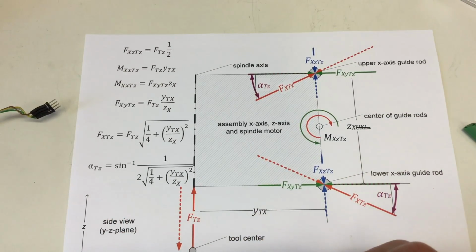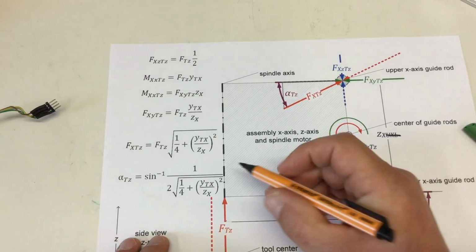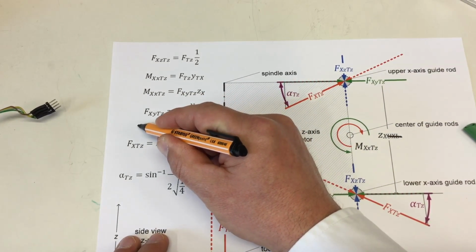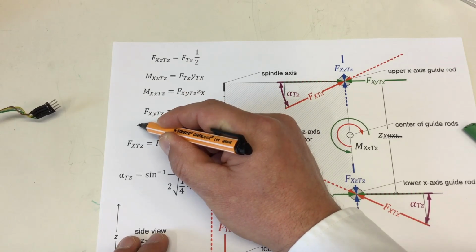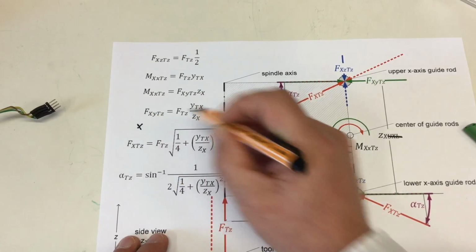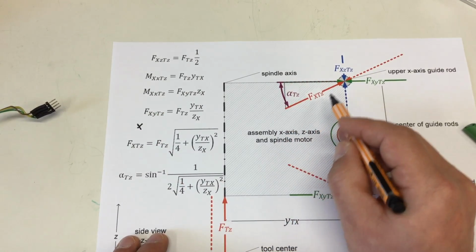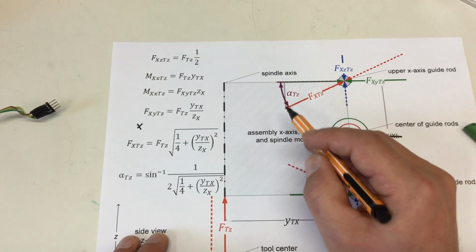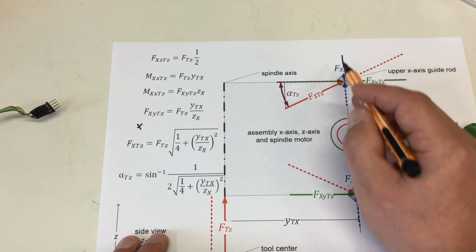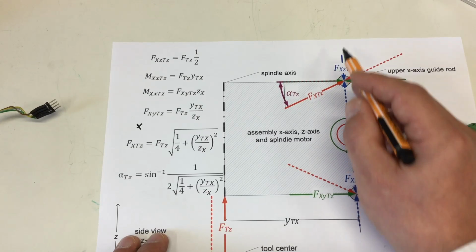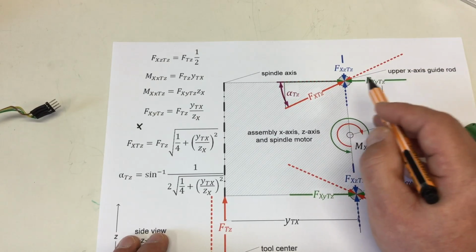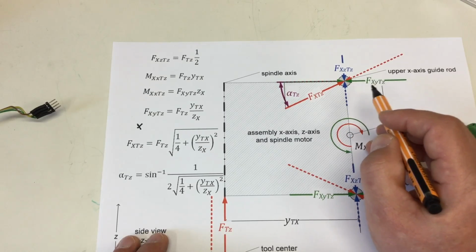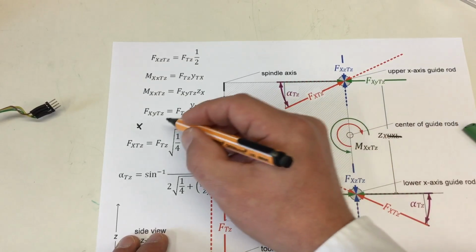And that formula looks a little bit complicated, but it's really not. It's simply Pythagoras. I mean, this is a rectangular triangle here, and we have the length of both sides, which is the force along the z-axis exerted by the bearing, and the force along the y-axis exerted by the bearing.